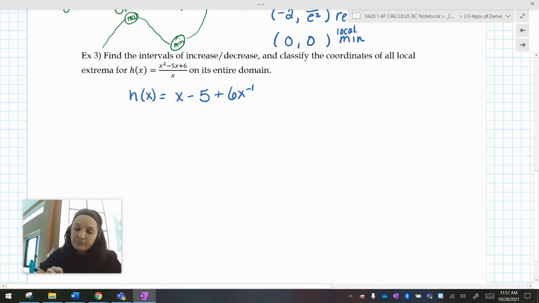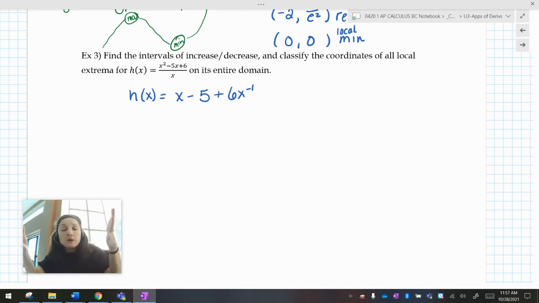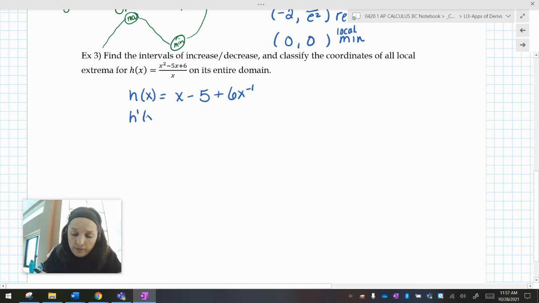Go me. So now that I have the function written in plus and minus form and not fraction form, my derivative is just a power rule. So h prime is 1 minus 6x to the -2. I want to know when that equals 0 or doesn't exist. So that's 1 minus 6 over x squared.